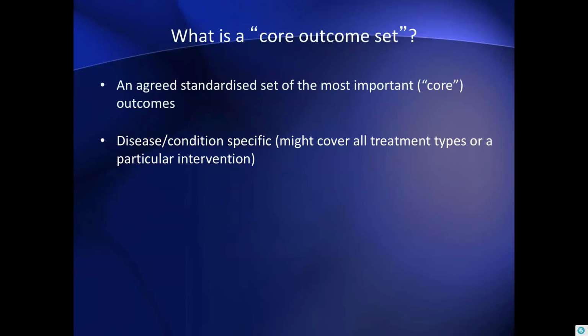It is often disease or condition specific. It might cover all treatment types or a particular intervention. It should include both benefits and harms, because most interventions confer benefits and harms. And we've been criticized in the healthcare literature as researchers and reviewers for not including harms in the outcomes that we're measuring and reporting in our primary research, and that we're synthesizing in our review work.